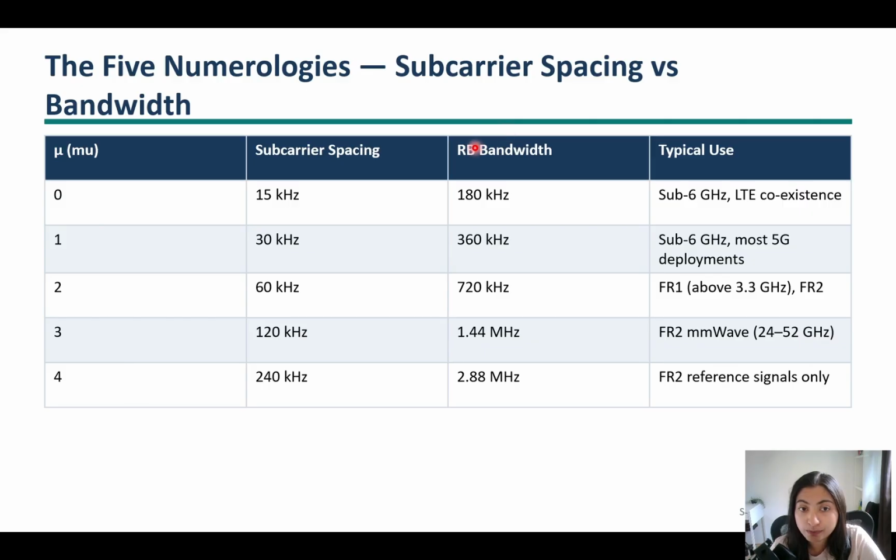Thus, the resource block bandwidth in 5G goes from 180 kilohertz for 15 kilohertz subcarrier spacing up to 2.88 megahertz for 240 kilohertz subcarrier spacing in FR2. Remember, the number of subcarriers per resource block is the same, equal to 12 for any of these subcarrier spacings.